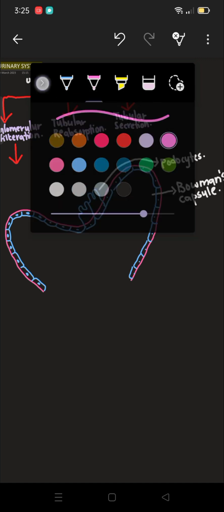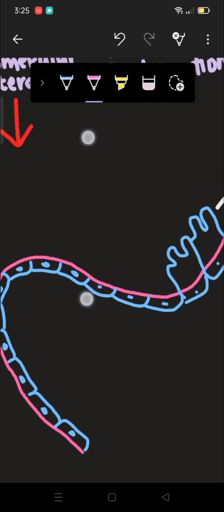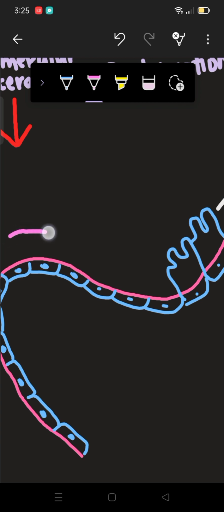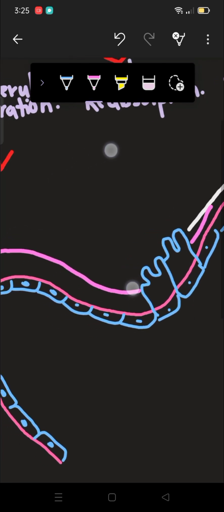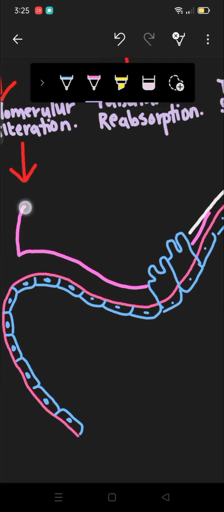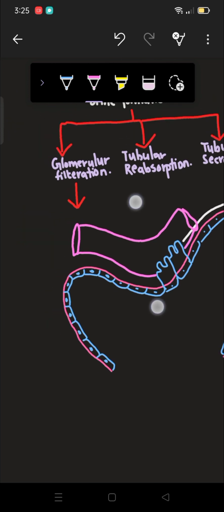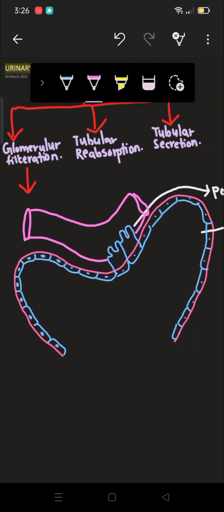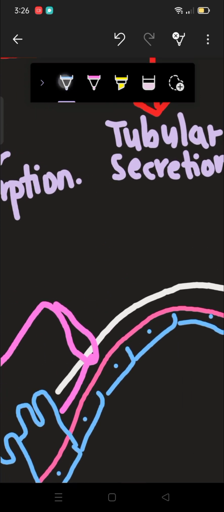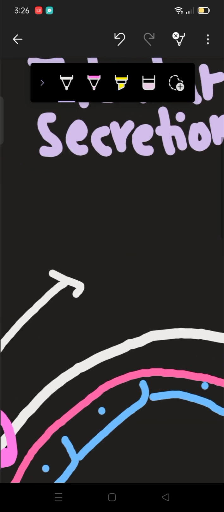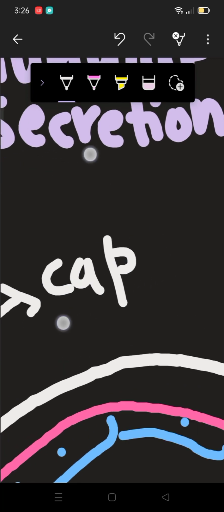Alright, so here I am making one capillary. Alright, this is one capillary I do have. So I should write here, this is one capillary I have. Capillary.